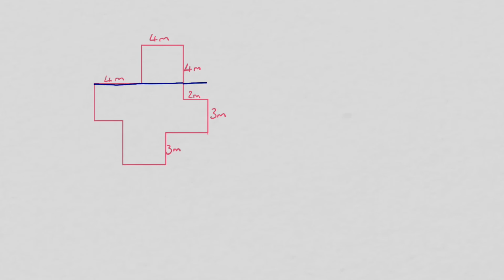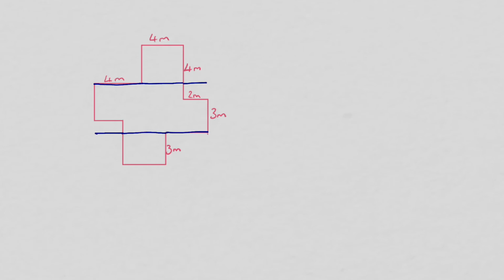Also, these 3 horizontal lines, if we were to move those, are going all the way across the shape. So those 3 lines must be equal to each other.